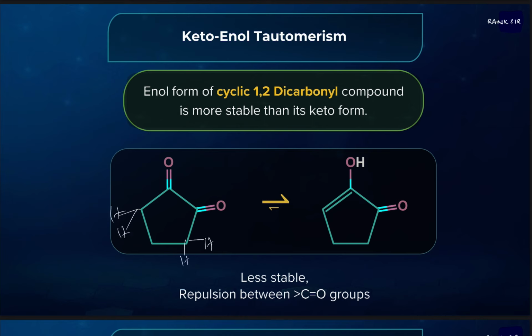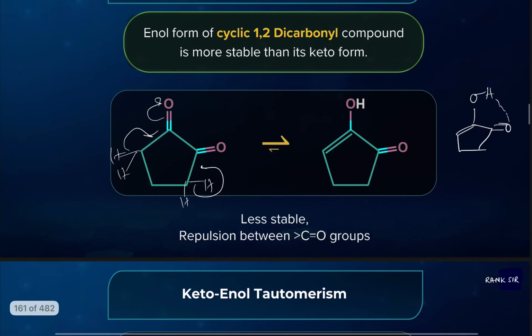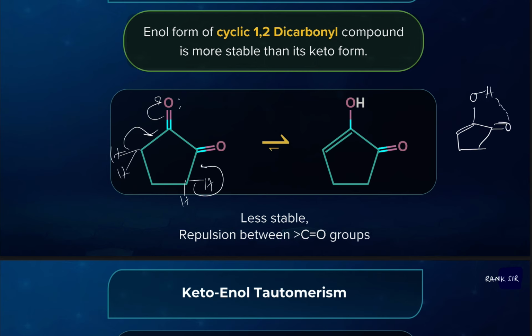These can shift like this or like this and form a hydrogen bond. I will show here: this is a double bond, here OH, and here a double bond. In between is a hydrogen bond, which is a stabilizing factor. And one more thing: these are lone pairs, and here lone pairs. In between them repulsion takes place, which is less stable, but here the hydrogen bond is a stabilizing factor.